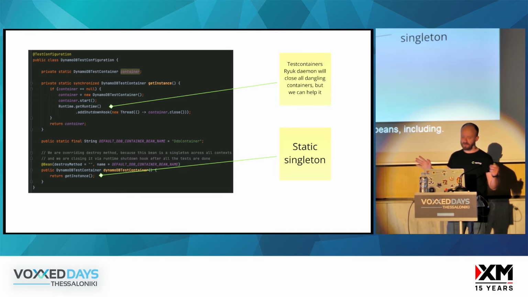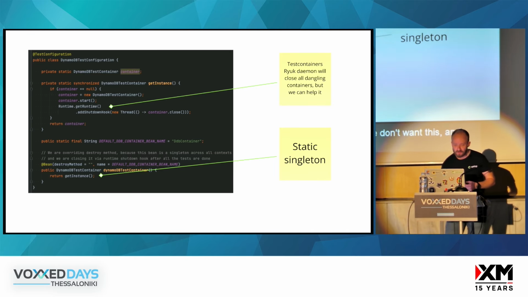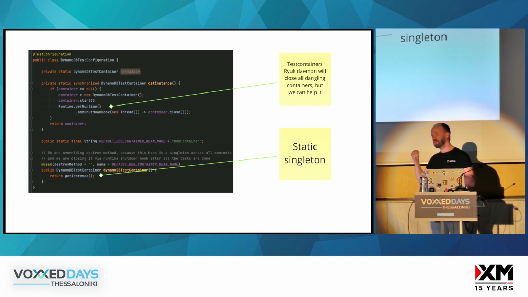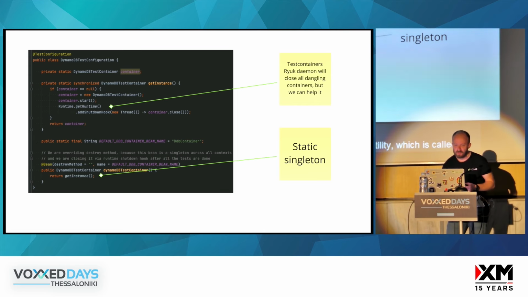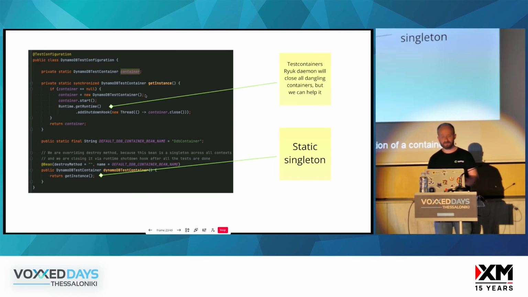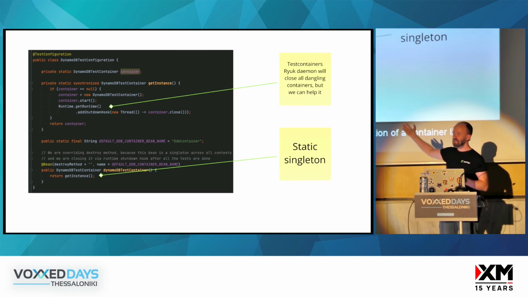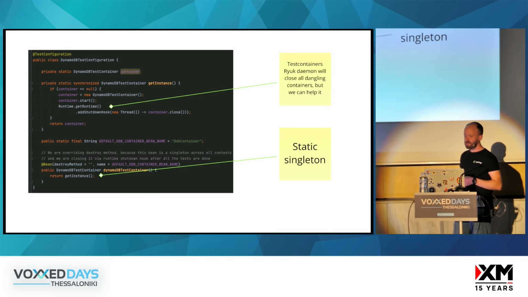We don't want this, and intentionally override it to no-op. Those containers will be shut down by a utility called Ryuk when the JVM is shut down. And then, instead of simple creation of a container like DynamoDB or maybe Postgres, you use a pattern which is quite similar to static singleton. This can save a lot of resources.